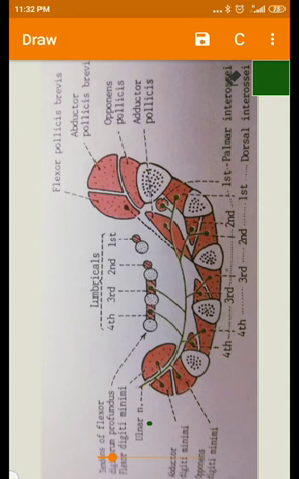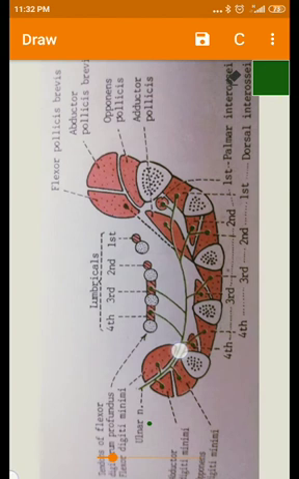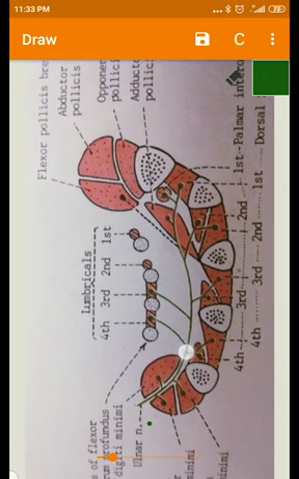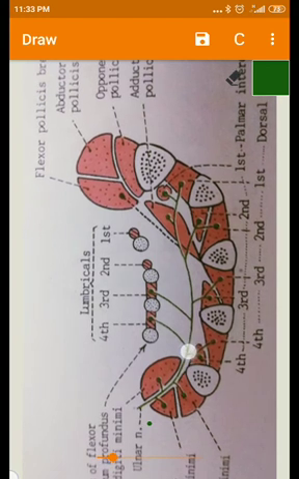After crossing these two digiti minimi muscles, the ulnar nerve crosses the opponens digiti minimi and the fifth metacarpal bone, lying on the hook of the hamate.